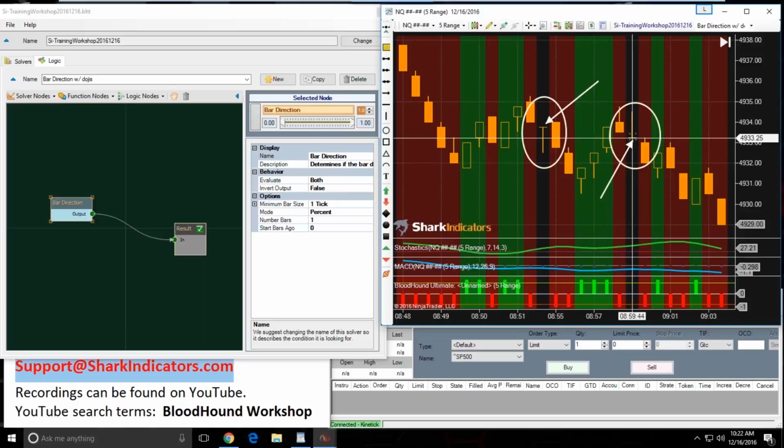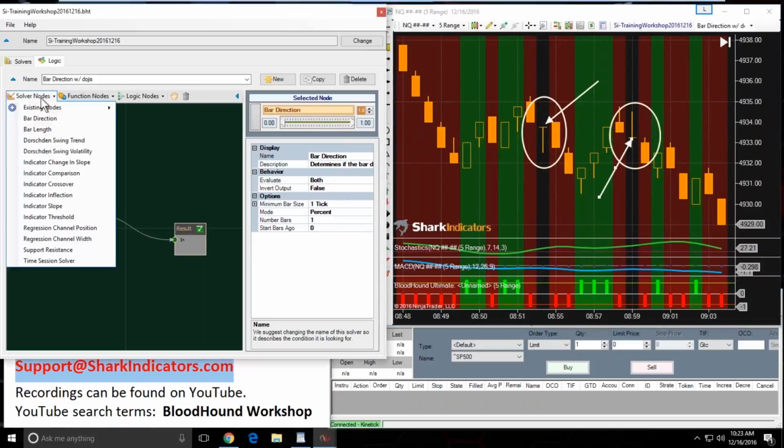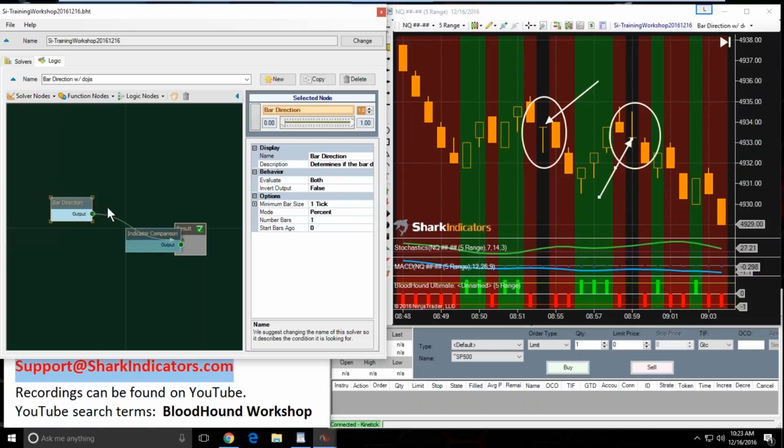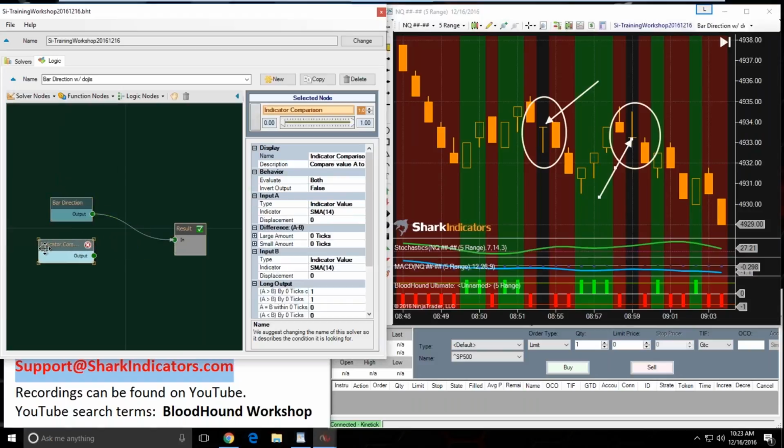If the closing price equals the low of the bar, then we know it's a down doji. And if the closing price equals the high of the bar, then we know it's an up doji. So we're doing a comparison, so we'll grab the comparison solver.